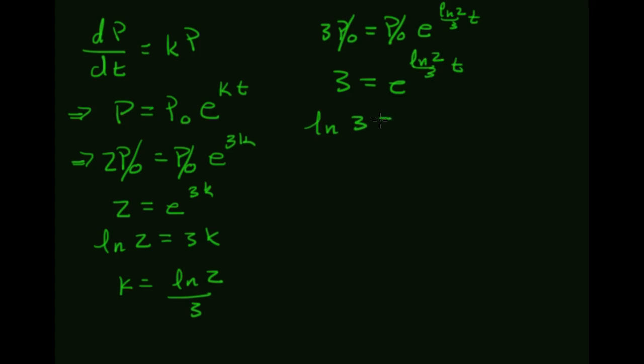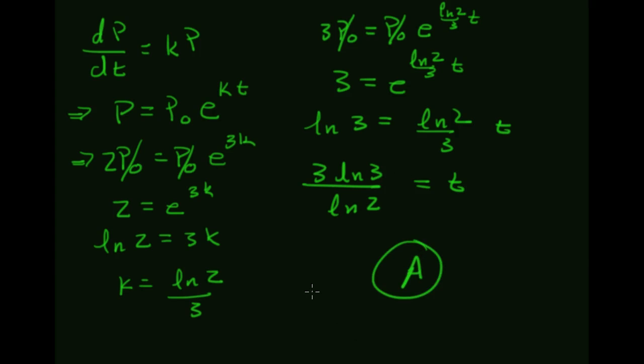The natural log of 3 is equal to the natural log of 2 over 3 t. And we multiply this by the reciprocal, so 3 times the natural log of 3 over the natural log of 2 is equal to t, right? So that solution, I believe, is letter A. All right, so there we go. Let's look at number 3.